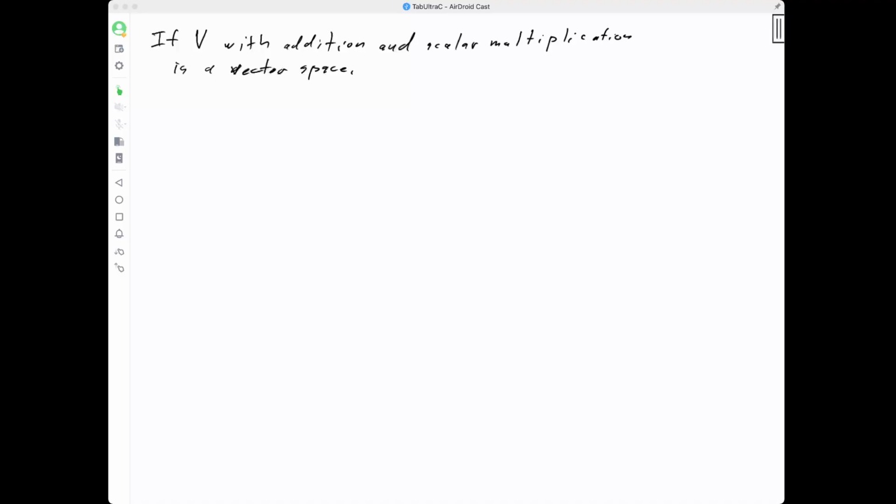So then sometimes part of V can form its own vector space.